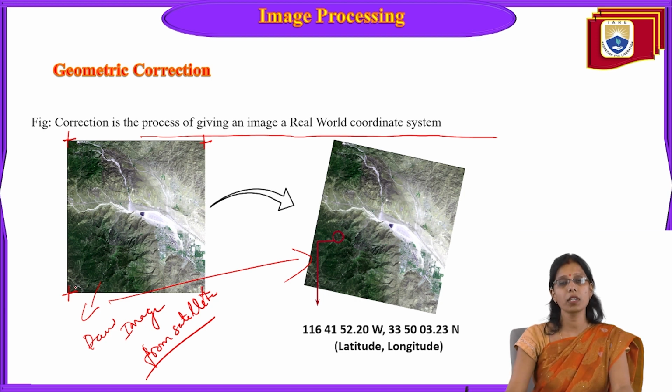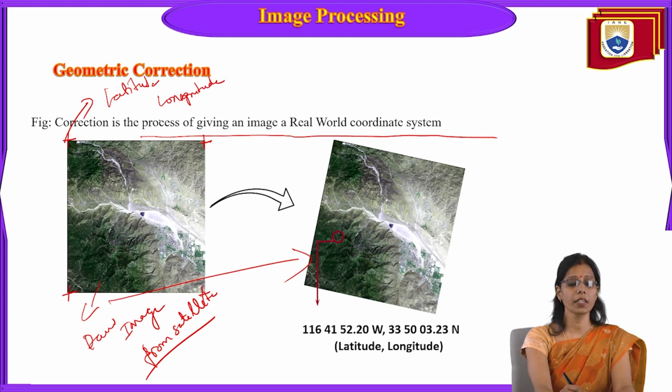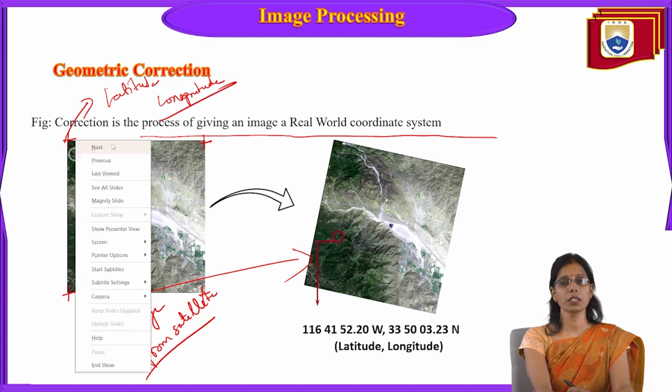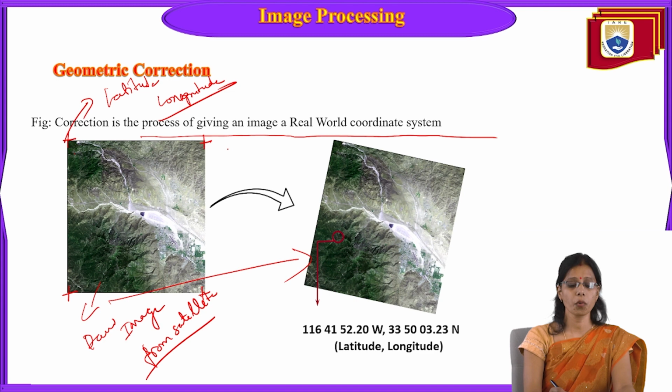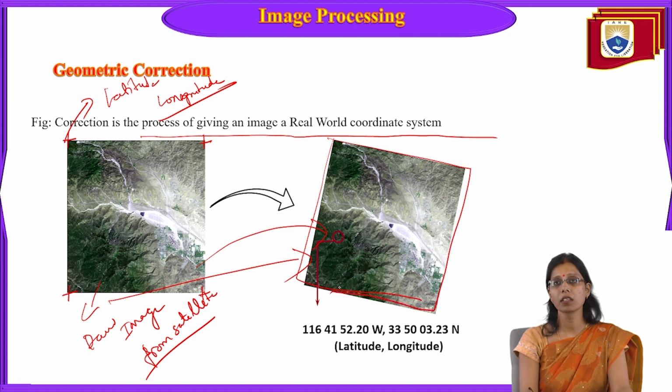With 4 GCP points, we put a point and give the latitude and longitude to these points. Once we give the latitude and longitude and process the image, it will be converted like this. That means the location of that actual data is like this, so it will exactly fit to its position.